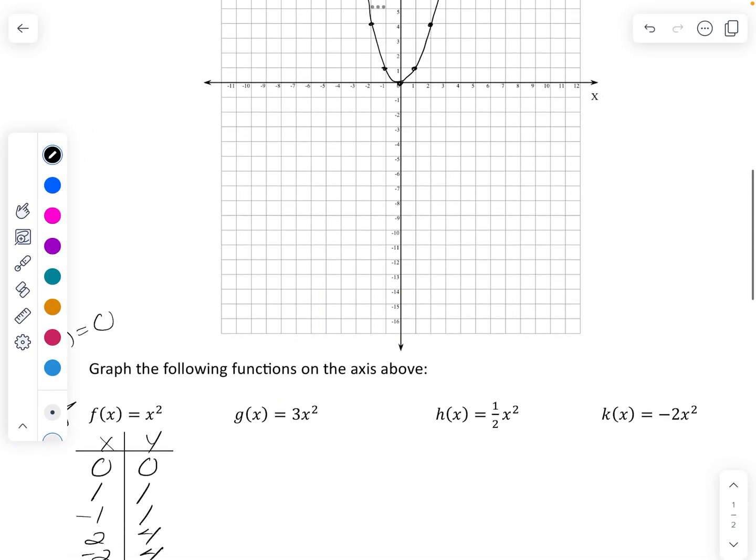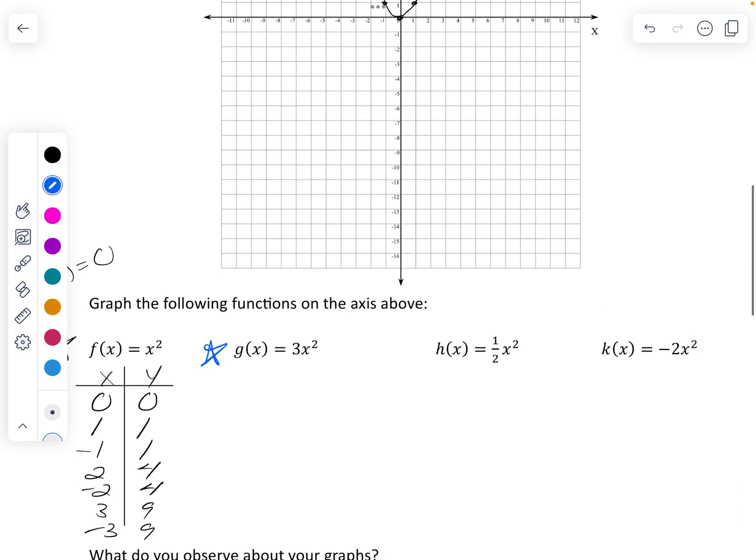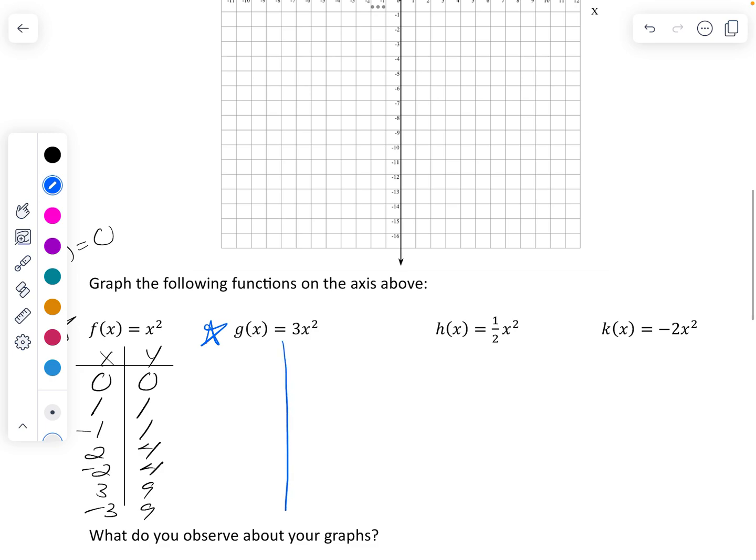All right, so now for our next one, I'm going to use blue for my g of x, and we are going to do the same thing and plot some points. So for this one, when x is 0, 3 times 0 is still 0. When x is 1, 3 times 1 squared is 3 times 1 or 3.